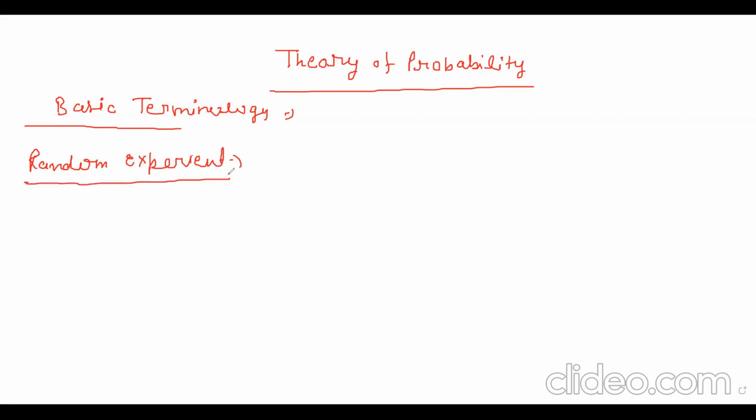Random experiment is that if in each trial of an experiment conducted under identical conditions, the outcome is not unique, but may be any one of the possible outcomes, it is known as a random experiment.